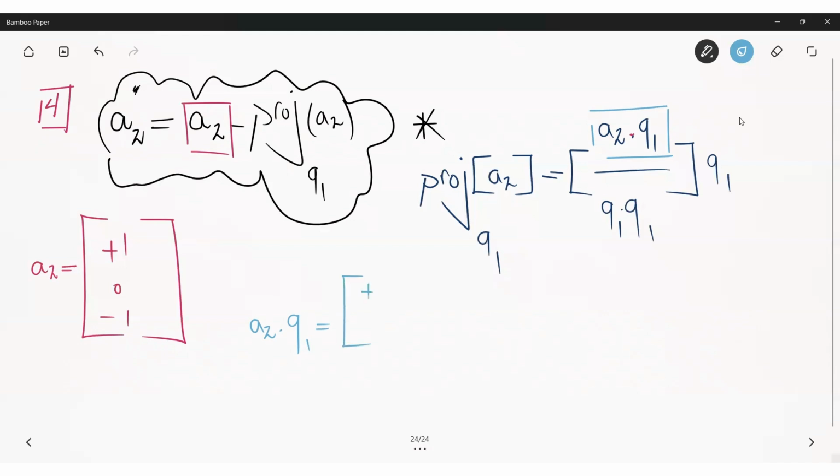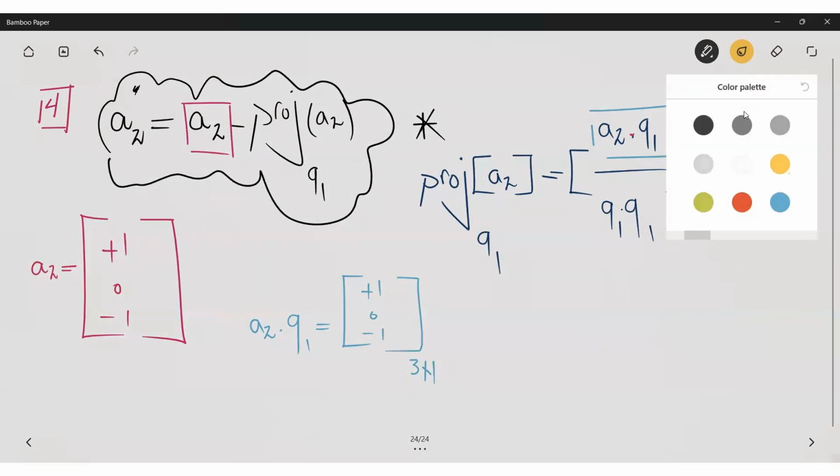We have +1, 0, -1. What is the size of this matrix? It has 3 rows, 1 column. 3 by 1.